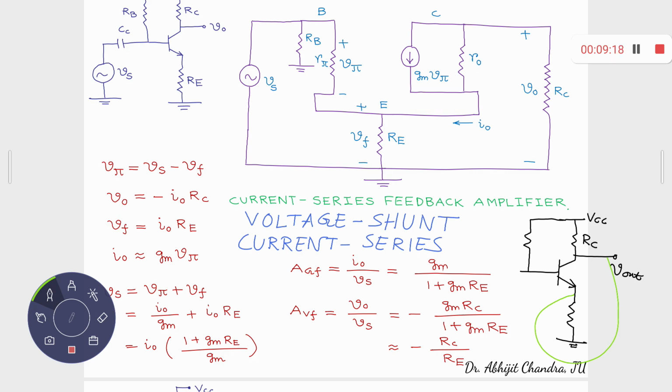So let's take the voltage output of voltage shunt and the series input of current series and combine them together. Suppose I connect some resistance and put it over there. Does it solve my purpose? Is it a feedback?